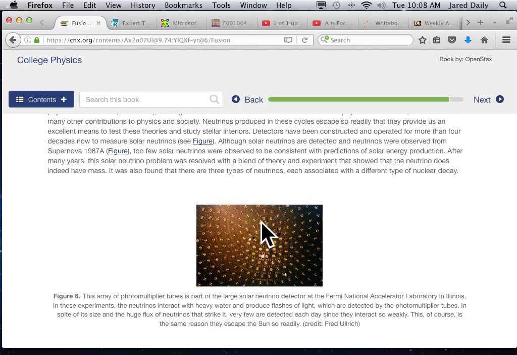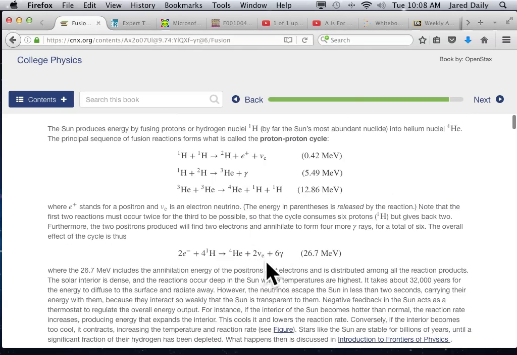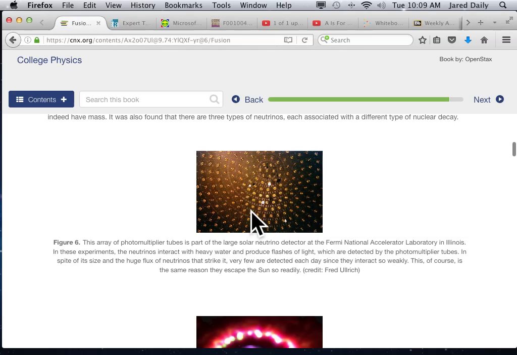So it's slightly different than water. And as neutrinos come down from the sun, these neutrinos that are popping out of this reaction, they interact with the extra neutrons in the water in this pool, and then they create these flashes of light that are detected by these photomultiplier tubes at the bottom of the pool.